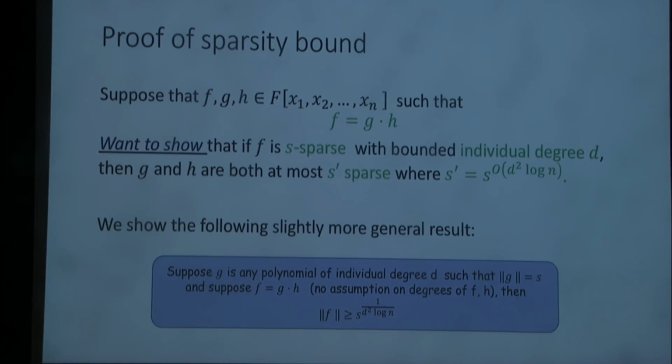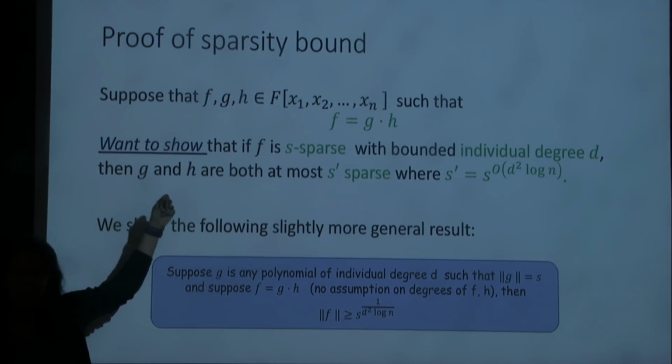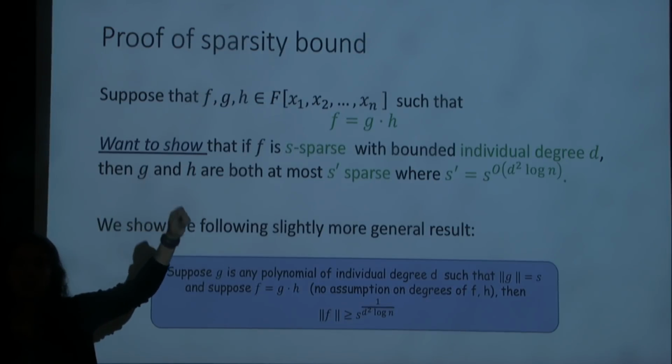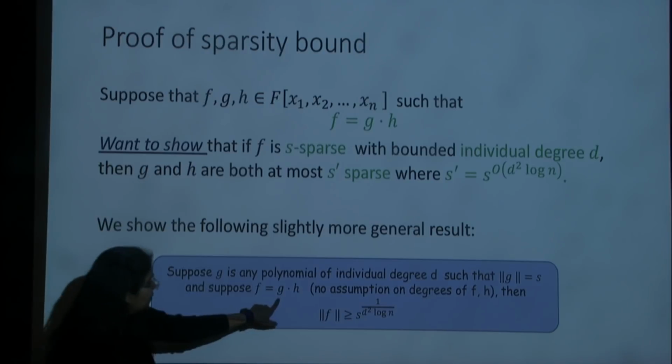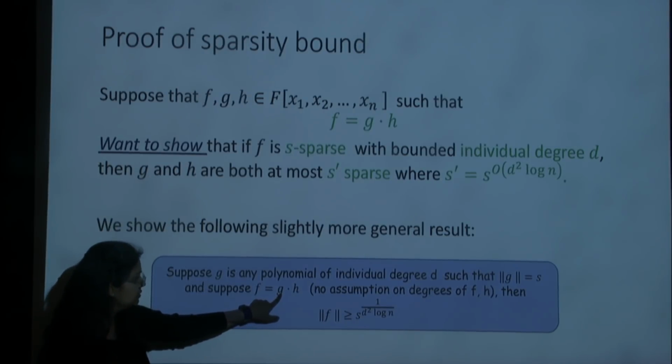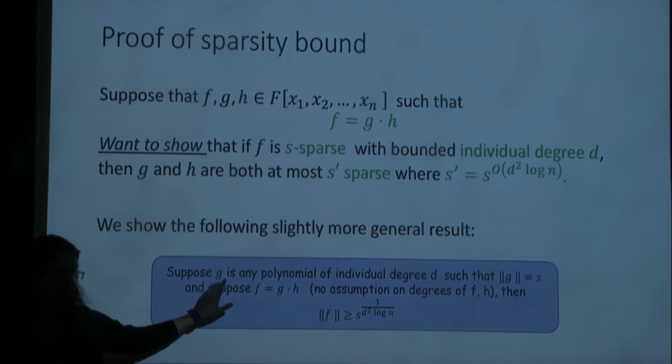This is slightly more general because originally we had an individual degree bound on f. An individual degree bound on f implies an individual degree bound on g and h. In this slightly more general version, I'm only imposing a degree bound on g. h can have arbitrary degree, and hence f can have arbitrary degree.